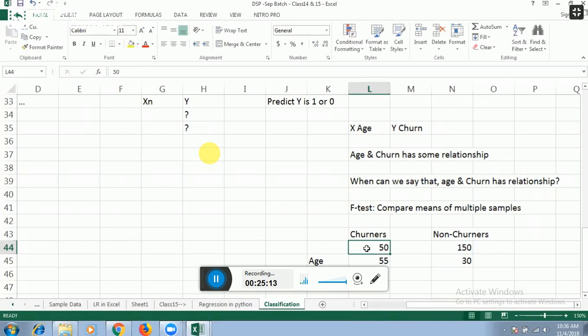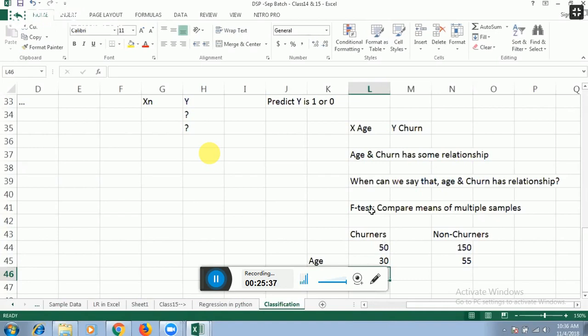Or vice versa, maybe this group has an age of 55 and this group has an age of 30. What does that mean? The young customers are more churners, and old customers are non-churners. Can I say that?